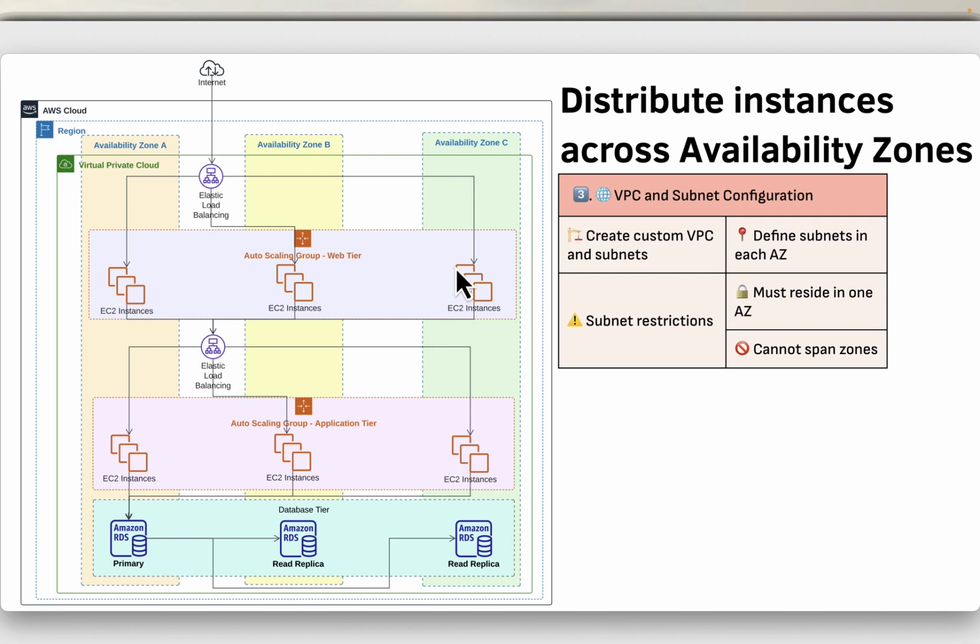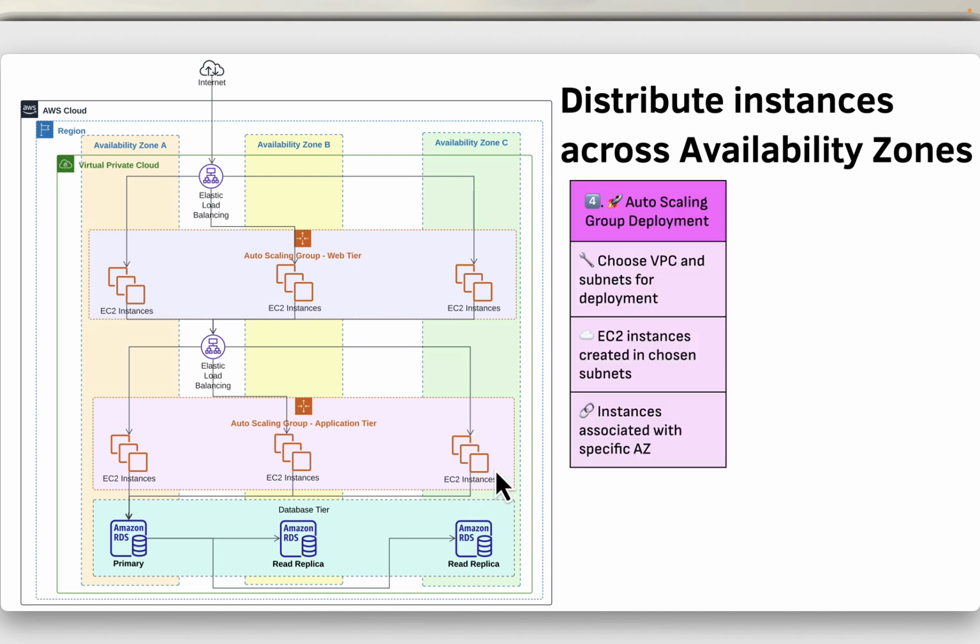So this web tier has 3 subnets, one in each availability zone, and this application tier also has one subnet in each AZ. So this is the typical architecture of a distributed application across multiple AZs in a single region.